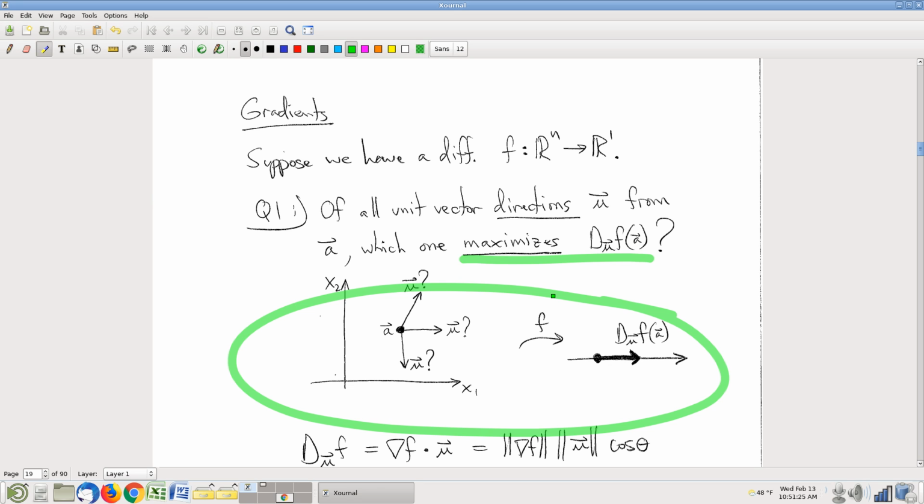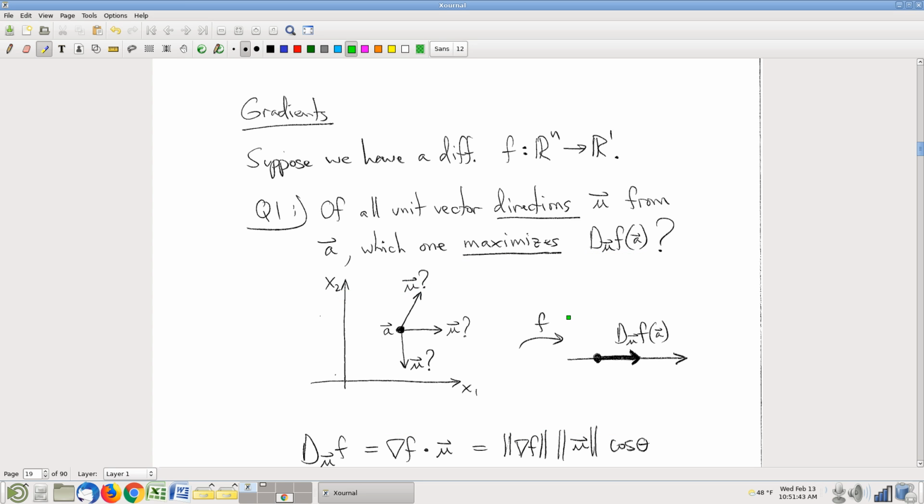I want to think of the function as representing height. So increasing the function as fast as possible means increasing altitude as fast as possible. It means I want to run uphill. I'm climbing this mountain, want to get it done as quickly as possible. So which way do you run to go uphill? Which way is uphill?